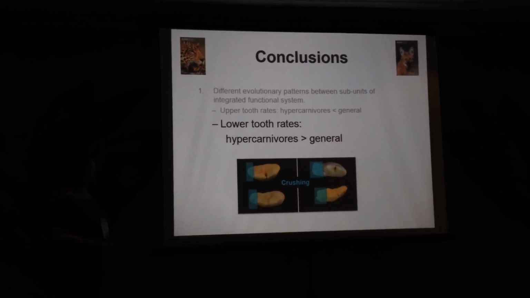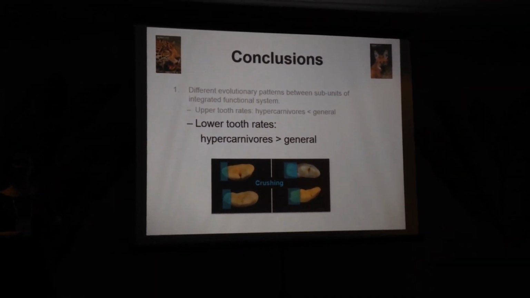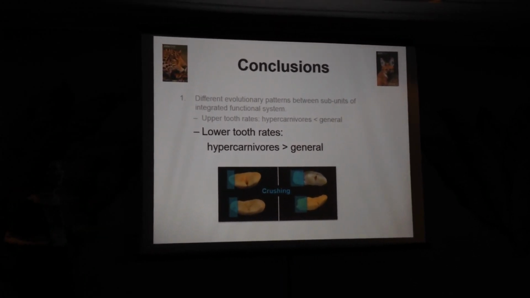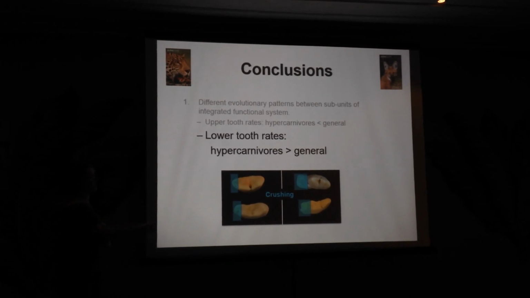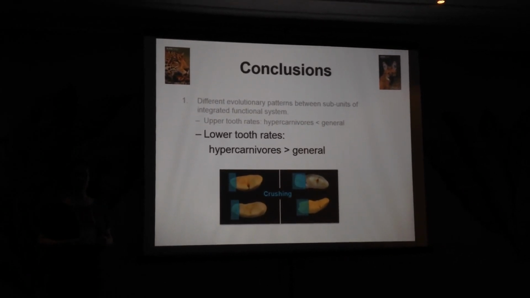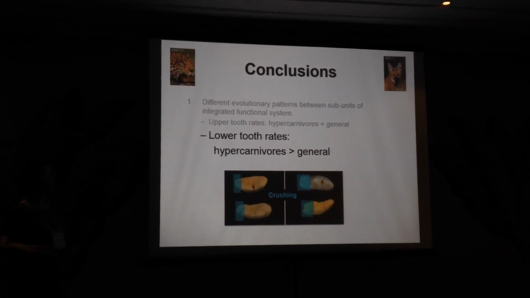So within the lower teeth, the hypercarnivores no longer need a crushing part of their tooth. Potentially that's released them from any form of constraint on there, and so they're just reducing the back part of their teeth in any way possible, and that may be what's generating those faster rates. But I'm looking into that right now to see if that is actually what's happening.